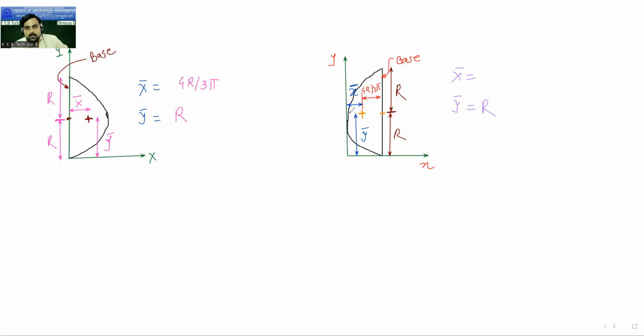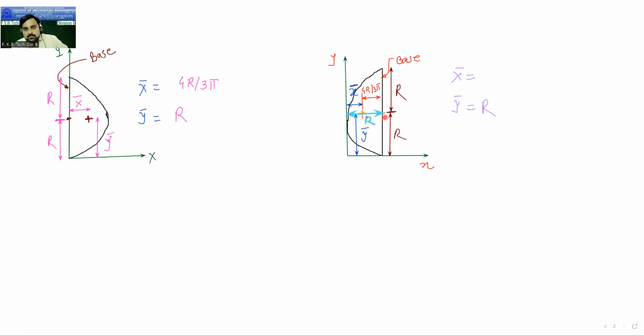Now what is this total distance? From this point up to here, if I draw it, this total distance is nothing but the radius r.